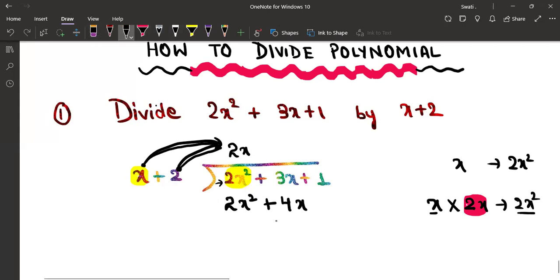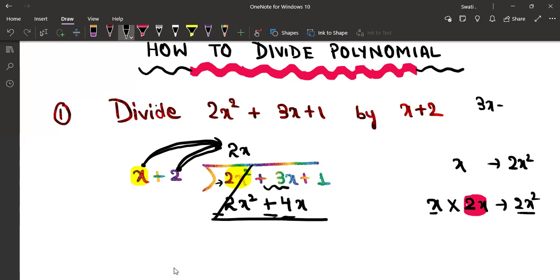Okay, let's move ahead. After this, you just have to do one thing. Of course, what do we do? We subtract, right? When we subtract, do you know what do we do? So we simply reverse the sign. Plus will become minus, this plus will become minus. Now this 2x squared and minus 2x squared will cancel, 0. And what will happen to this plus 3x and minus 4x? Tell me.